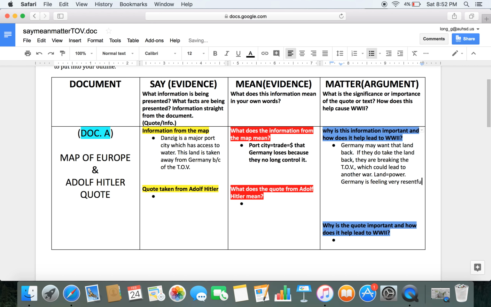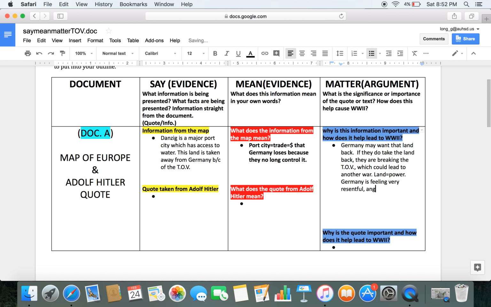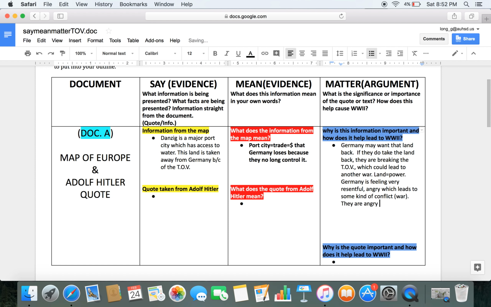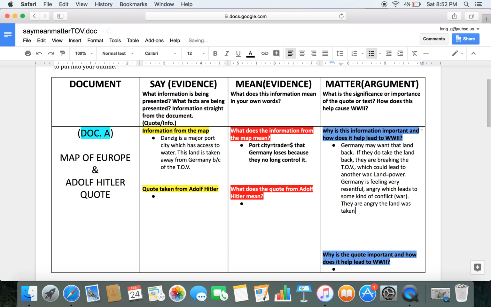Okay? Germany is feeling very resentful, very angry, which leads to some kind of conflict. In parentheses, war, of course. They are angry that the land was taken from them and they want it back.